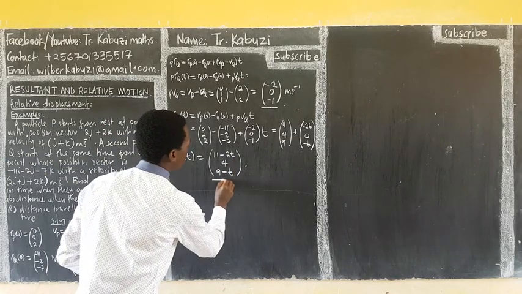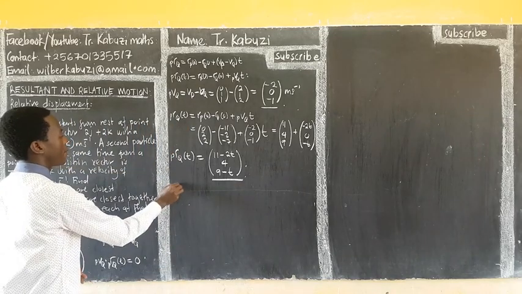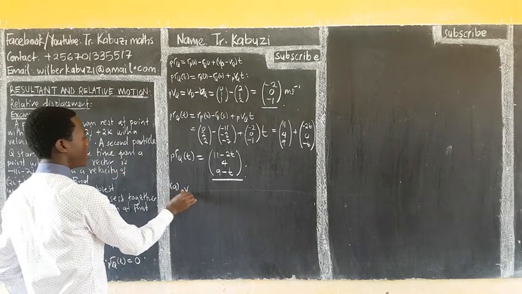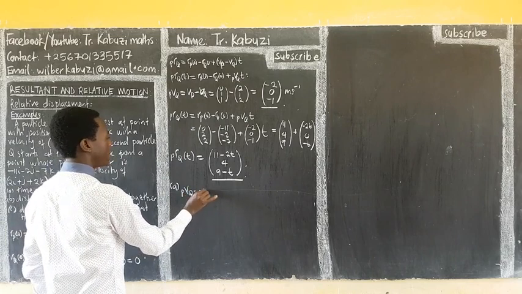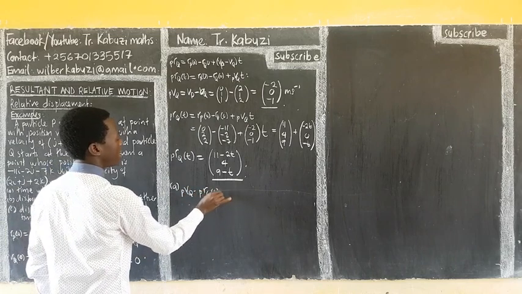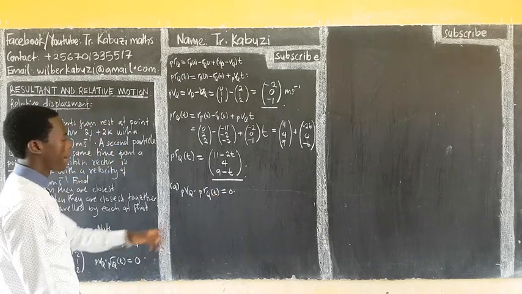So after getting this, we know that to get our time, when we dot the relative velocity times the relative displacement at any time t, we should get 0.